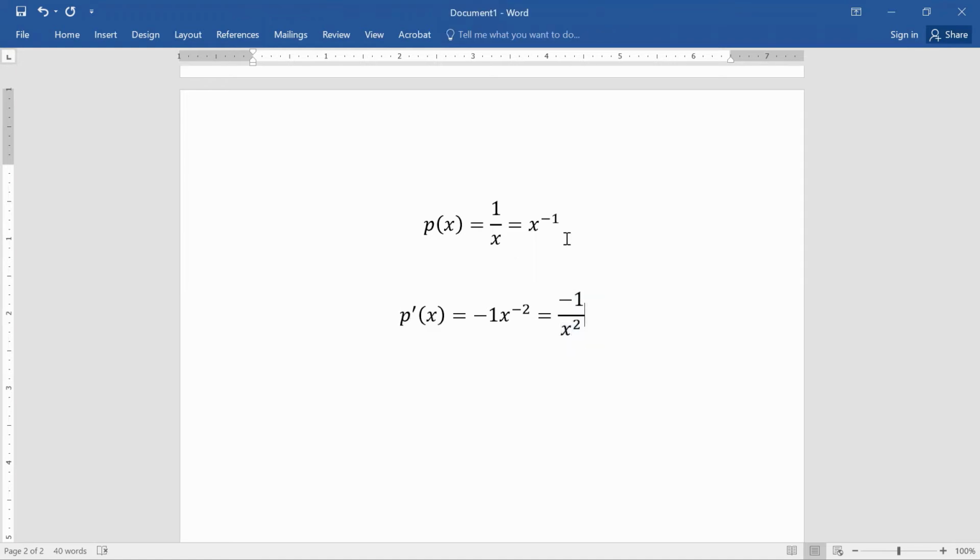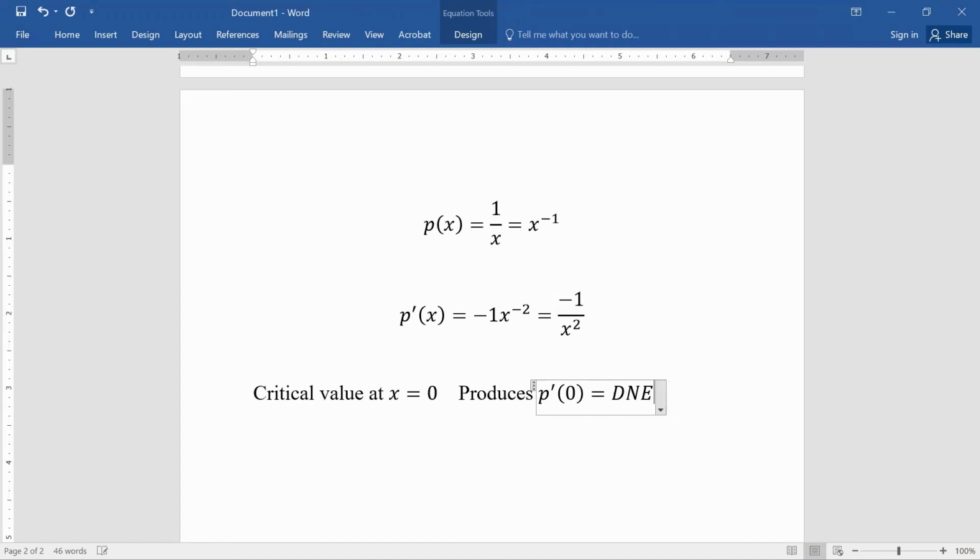We can see again, we have one critical value, and that is at x equals 0, and the critical value produces a derivative which does not exist. So it's not differentiable. The first derivative test would not work here.